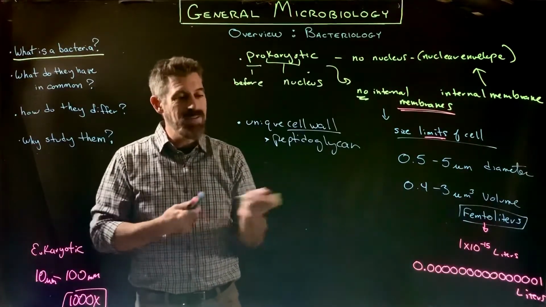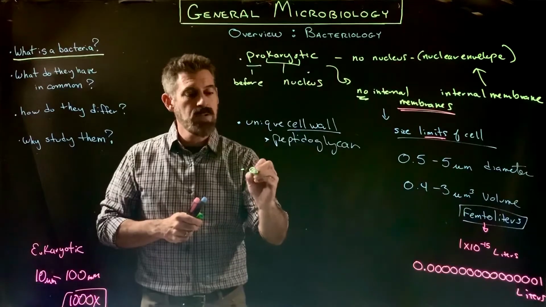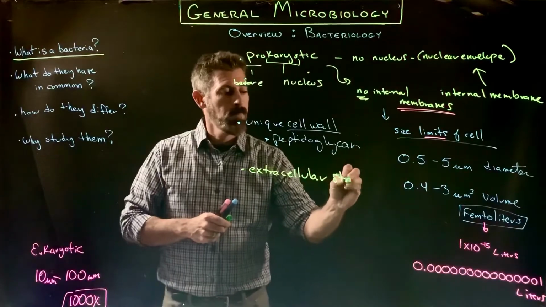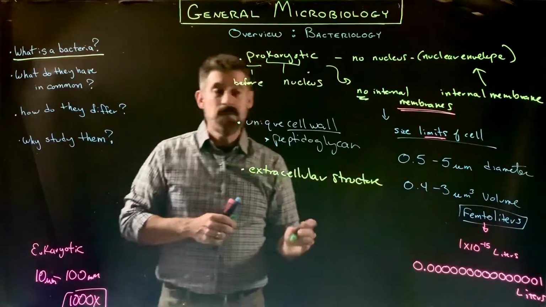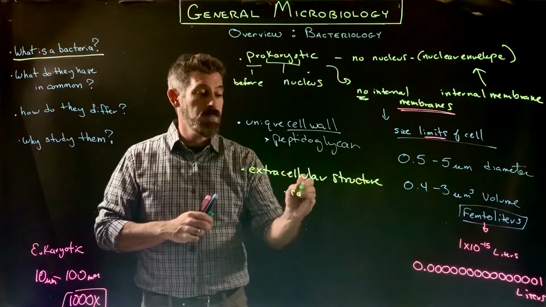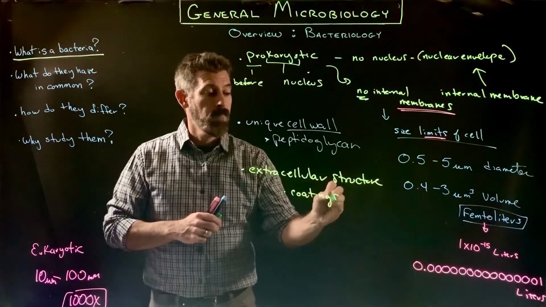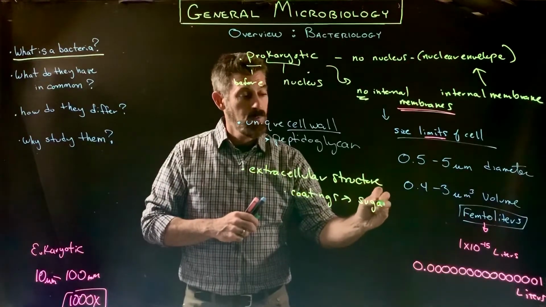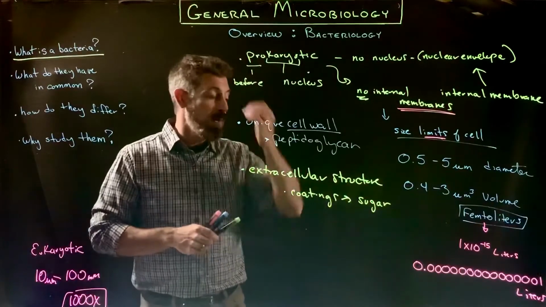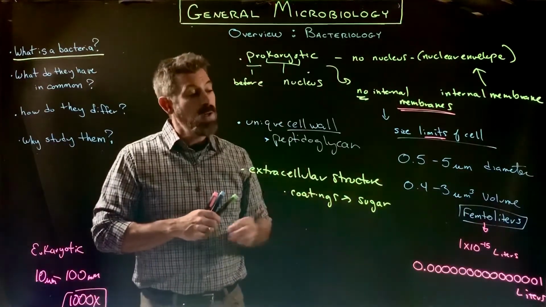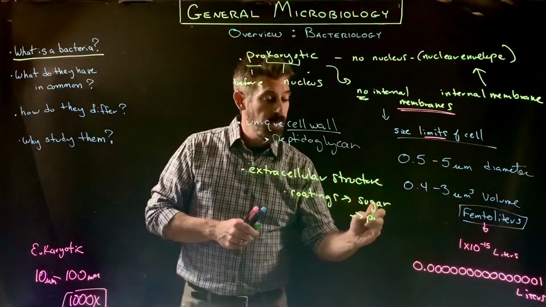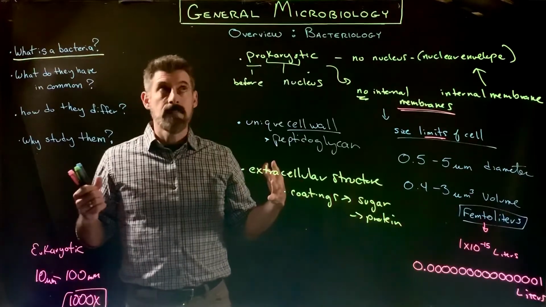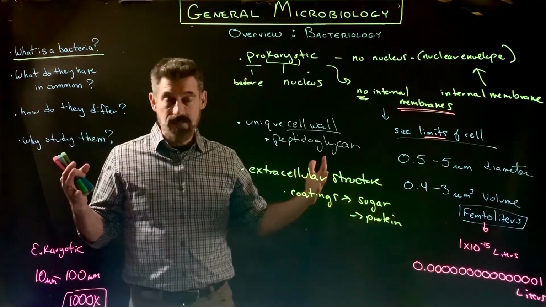Other things that many of them have are some sort of extracellular structures. Those extracellular structures range from coatings, which largely are sugar coatings, different glycocalyx coating, capsule, but there can also be protein coatings as well, S layers, and a variety of other things that cover the outside of the bacteria.